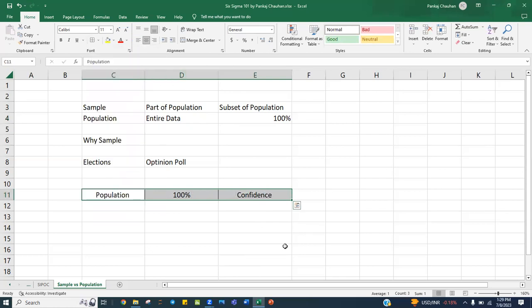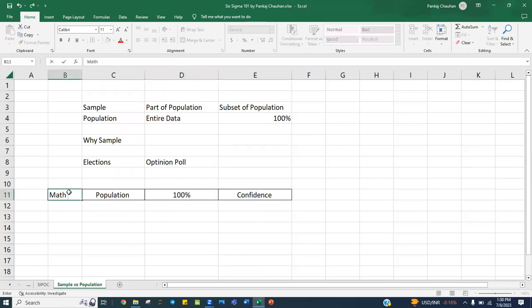That means you are checking 100%. It's like maths. If I ask you what is 10 plus 10, you will say mathematically 10 plus 10 is equal to 20. But when it comes to stats, it is just working on a subset of the population.